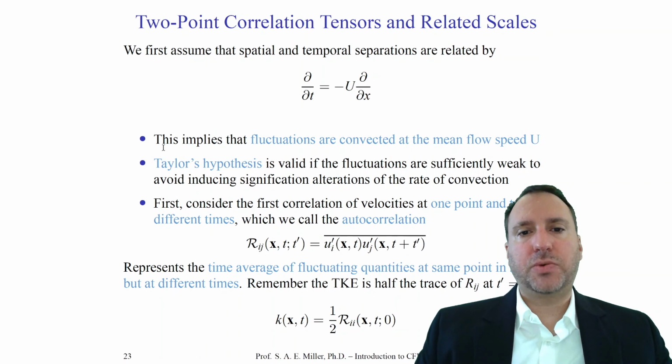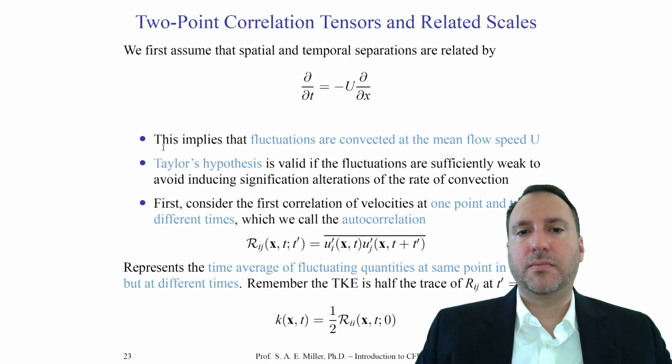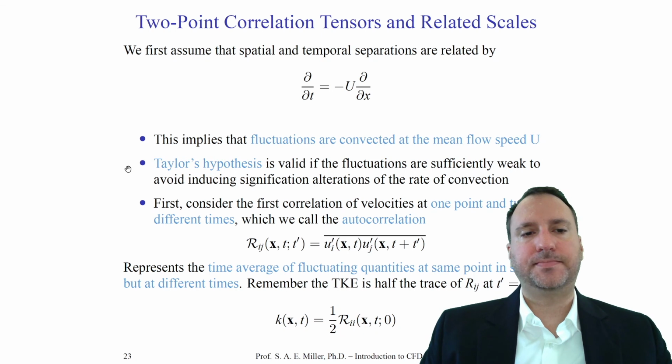It means that fluctuations are convected at the mean flow speed u. So if there are some fluctuations in the flow, they're being convected through the flow at a speed u. This is the meaning of the convection velocity of the flow. That information, that is, the disturbances, are moved along at velocity u. The turbulence is being convected by the underlying base velocity. This is a theory which is part of the Reynolds decomposition.